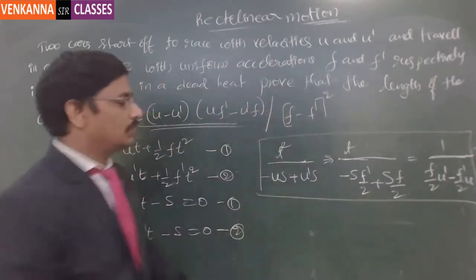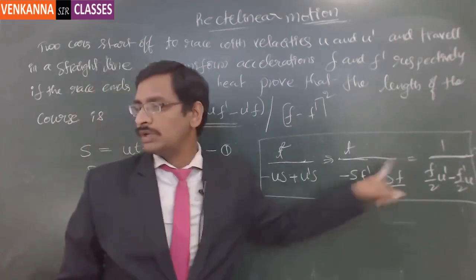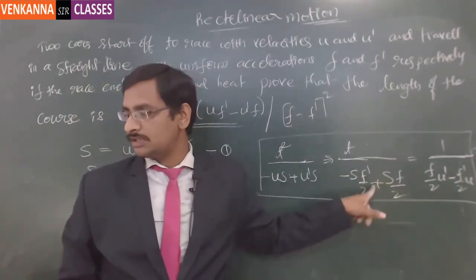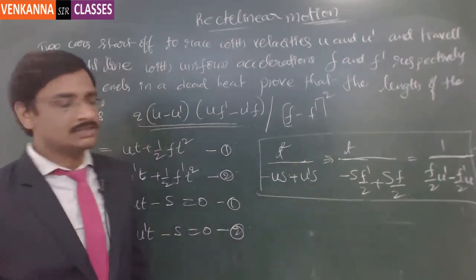Now from these two relations you can get the value of t in terms of s. Try to equate these two and then you will get only the unknown variable s. That's all.